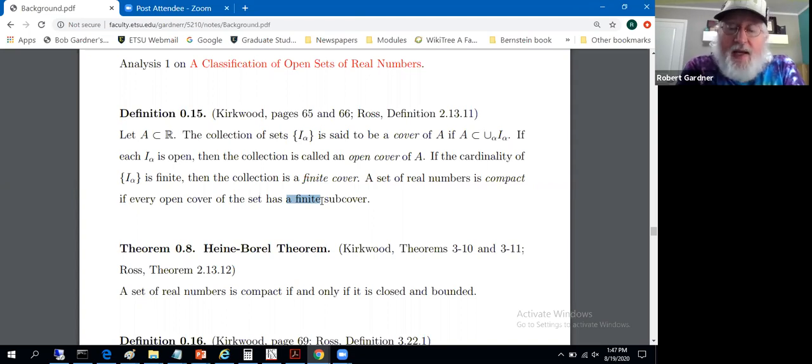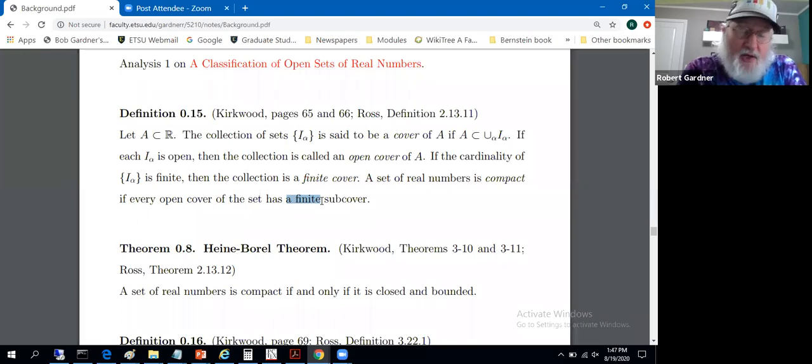Your favorite kind of compact sets from calculus are closed and bounded intervals, A to B. The extreme value theorem deals with continuous functions on closed and bounded intervals, A, B, which are examples of compact sets. Yeah, compact sets let you make a transition from the infinite to the finite in some sense.